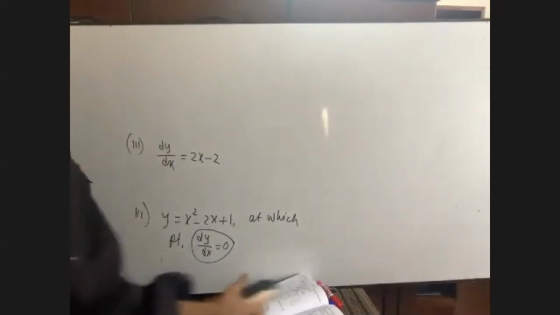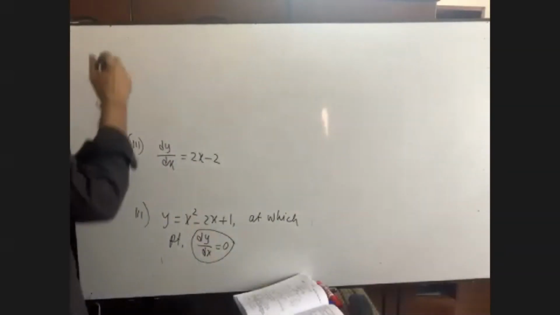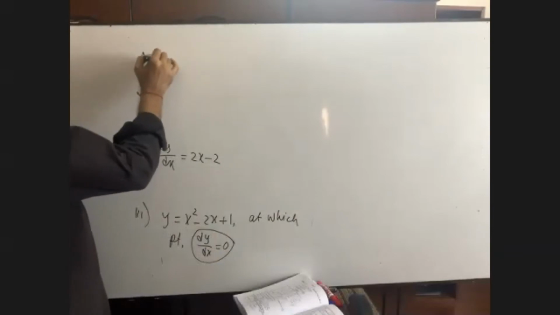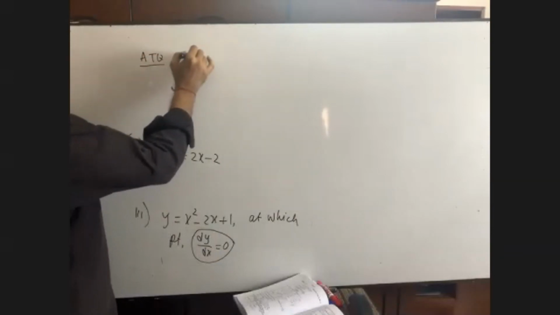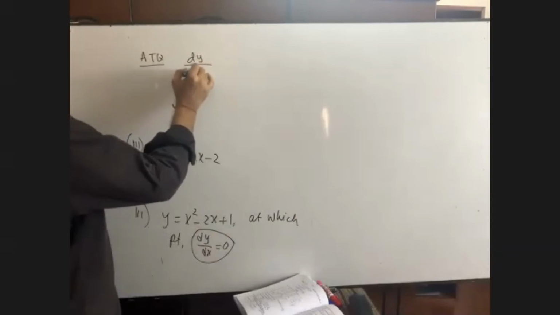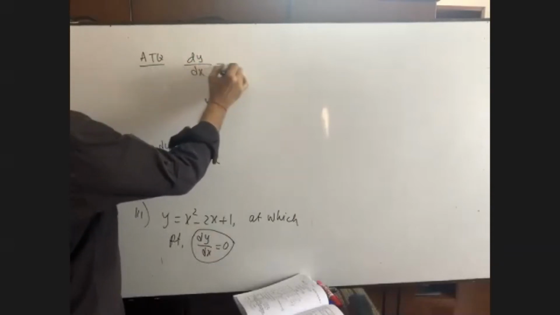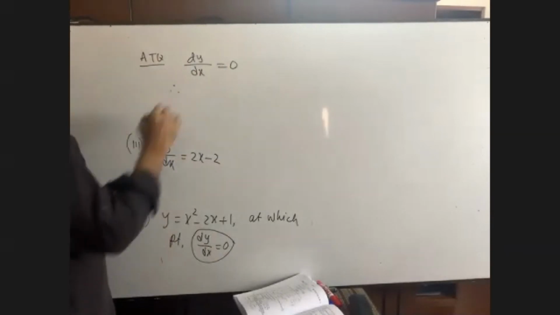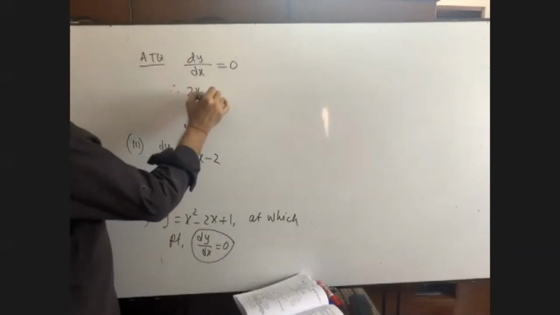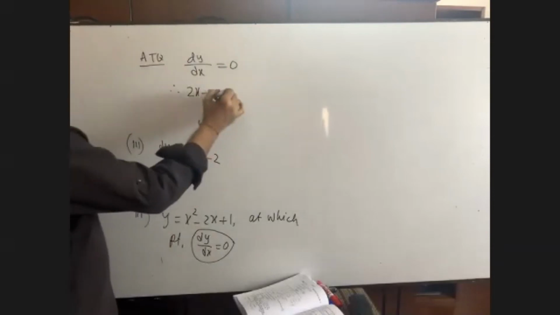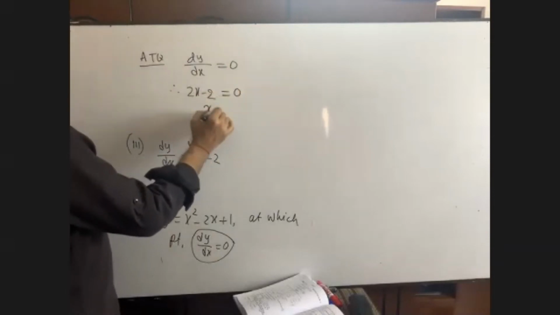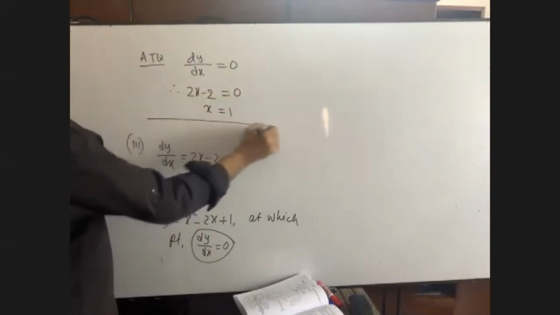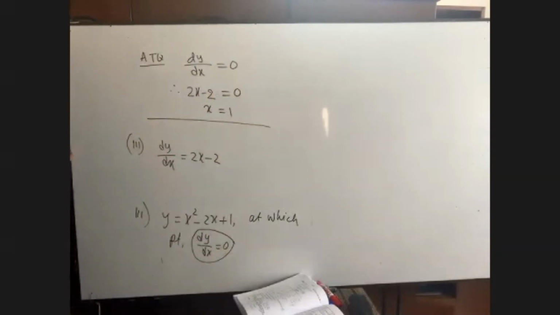Write down. It is given, dy by dx equals to 0. So what is the value of dy by dx? 2x minus 2 is equal to 0. So we are getting x equals to 1, but math is not done yet.